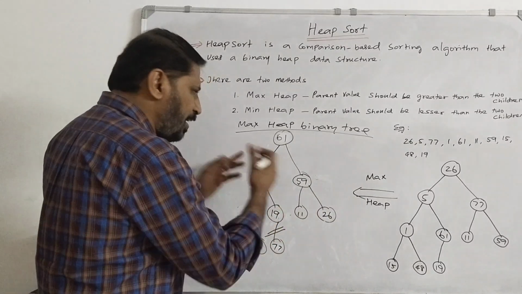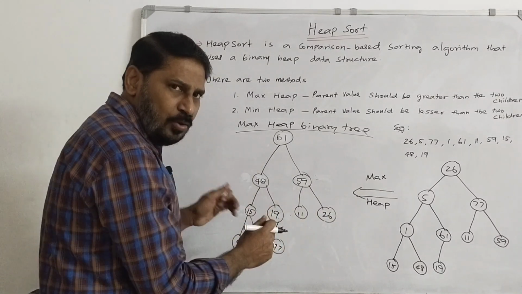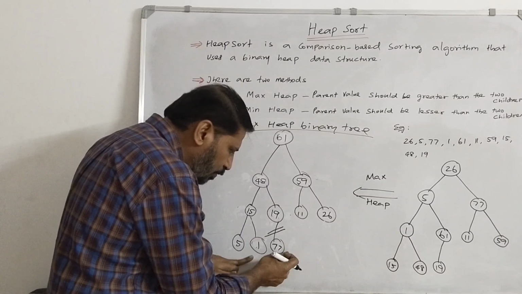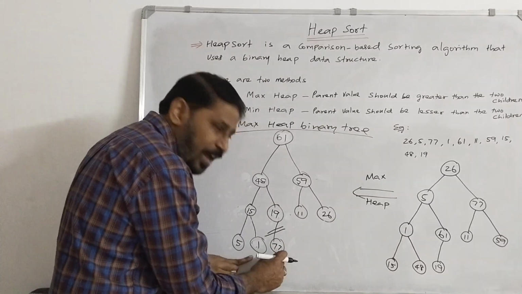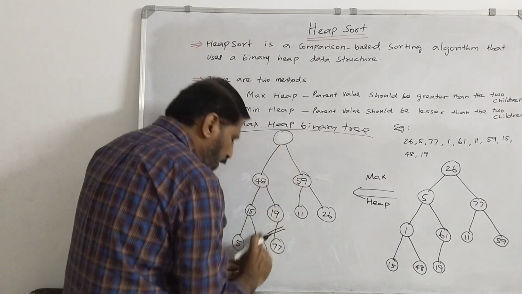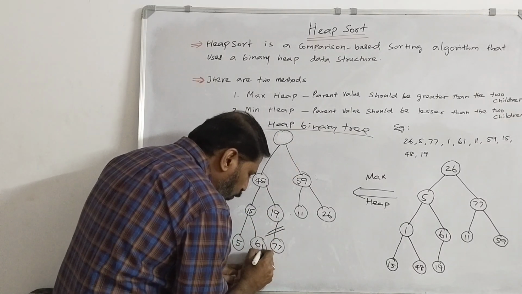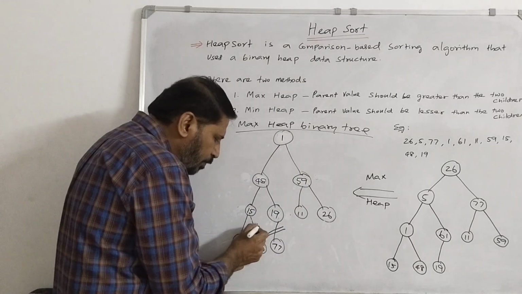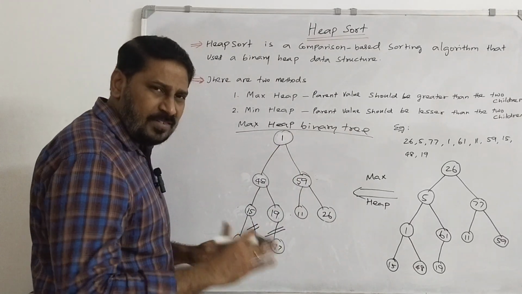After completing the next iteration, what do I do? I have to take the next node before the last node. It is 1. So 61 is coming here and 1 is swapped to the root node. This time, this node is also rejected.